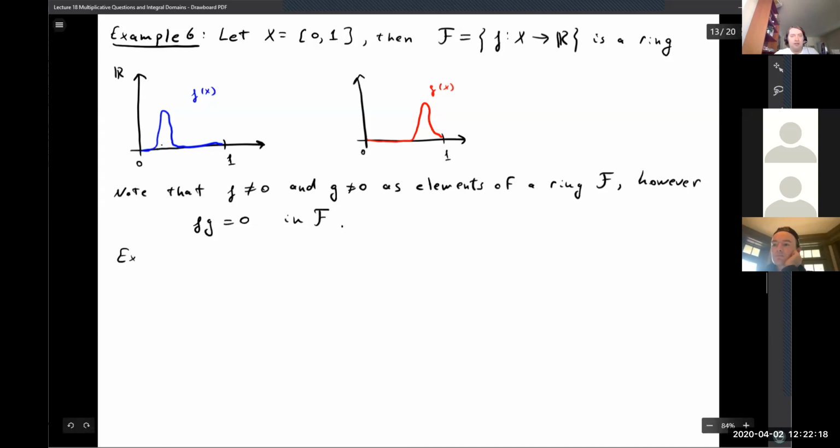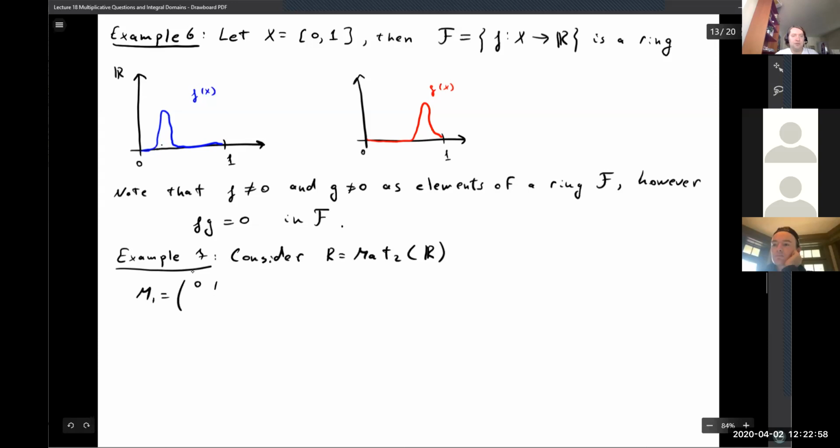Okay, so in example 7, let's look at our favorite linear algebra and consider the following ring, which will be 2 by 2 matrices over the reals. Then let's look at the following three elements.